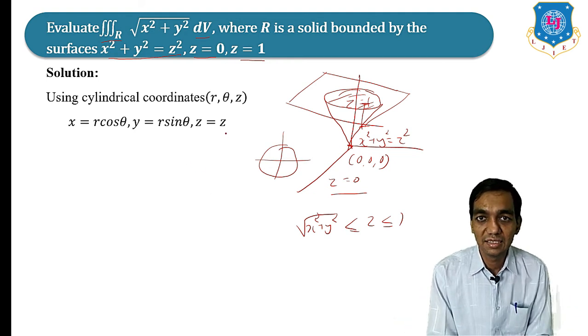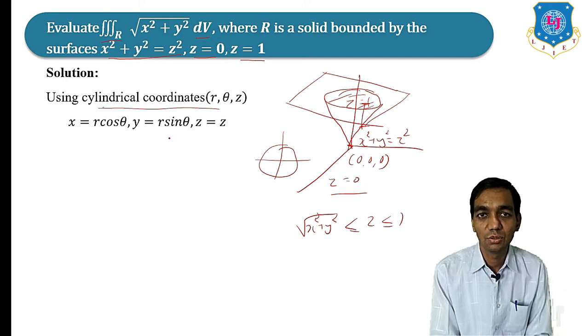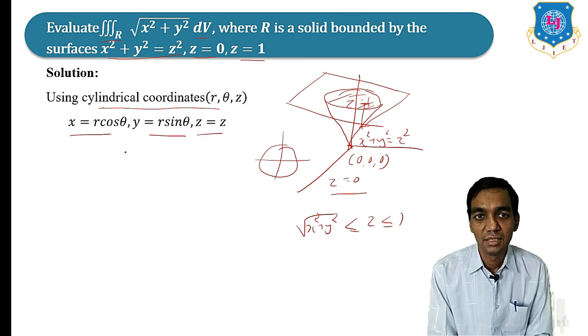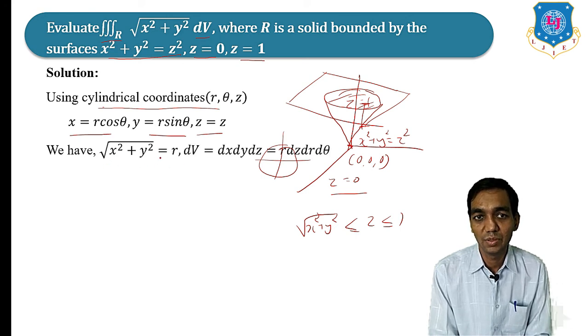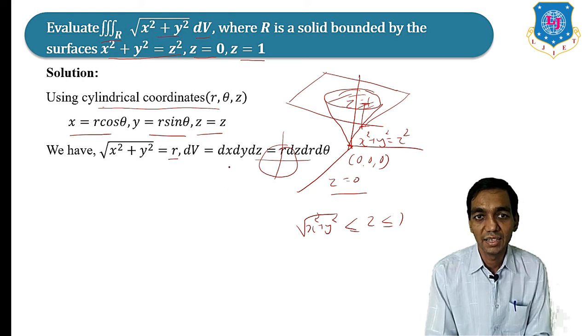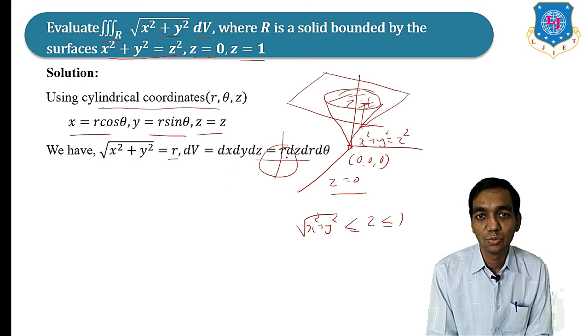Okay. So since it is a circle, that's why we are using cylindrical coordinates, and we are going to reduce this in the form of cos theta and sin theta. So we suppose that x is equal to r cos theta, y is equal to r sin theta, and z is equal to z. So under root of x square plus y square is going to be r, and dx dy dz is going to be r dz dr d theta.